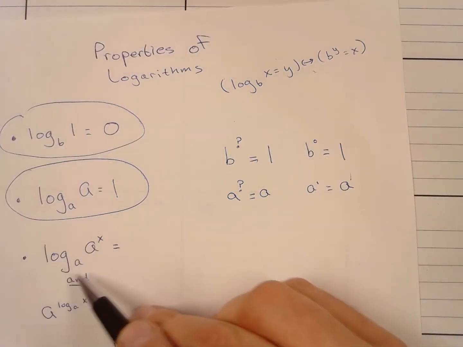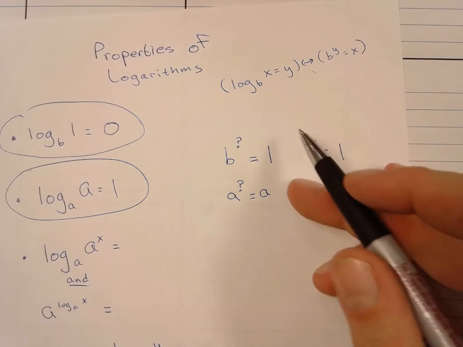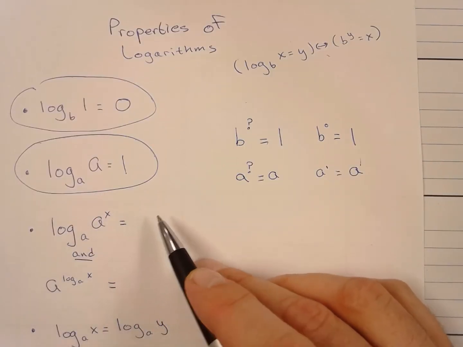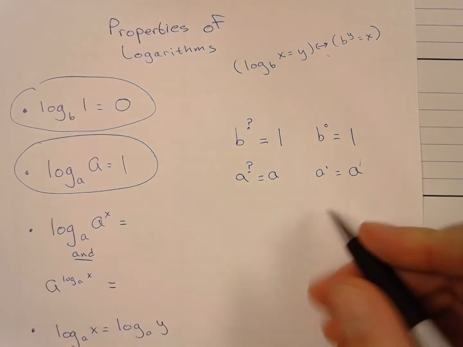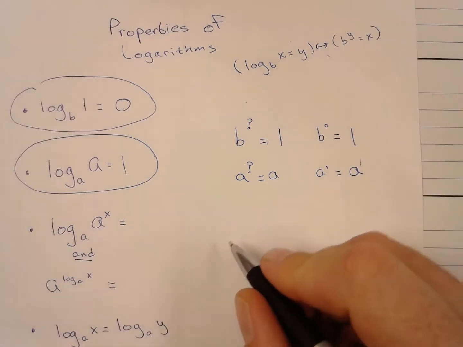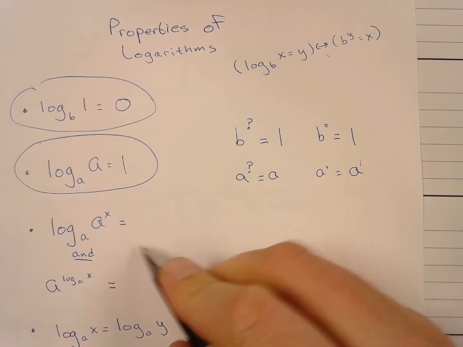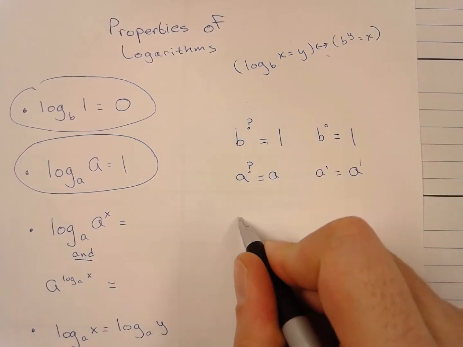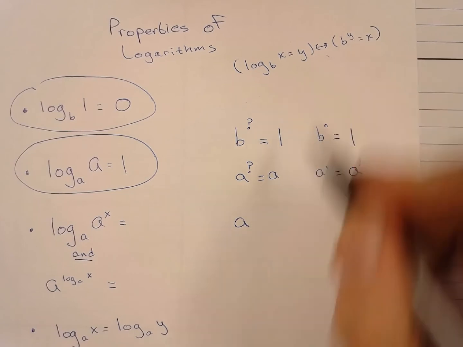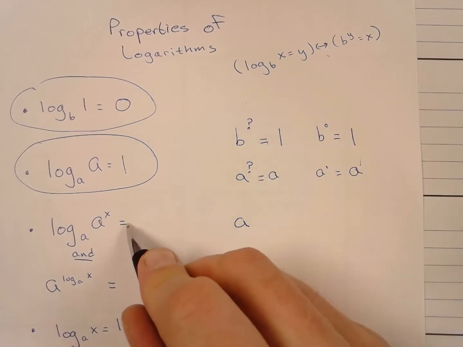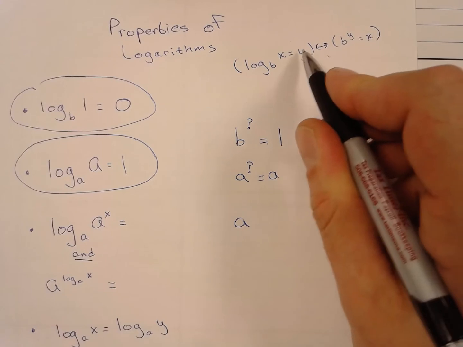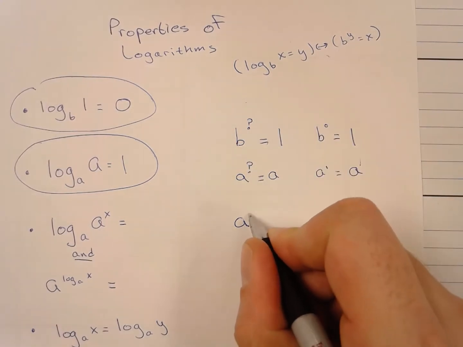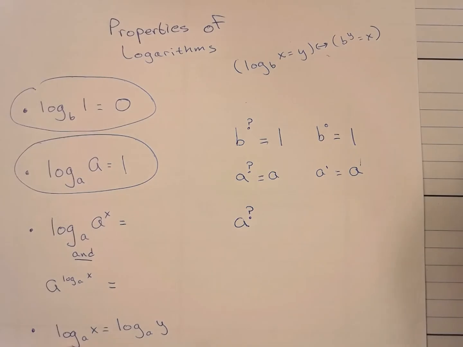We'll rewrite this log expression as an exponential expression, and hopefully it will be as clear as an unmuddied stream what this log expression will end up equaling. So the subscript a is the base in exponential form. That is the thing that is being raised to the exponent. The answer in log form is the exponent in exponential form. We don't know what that is, so I'll just leave it as a question mark right now.